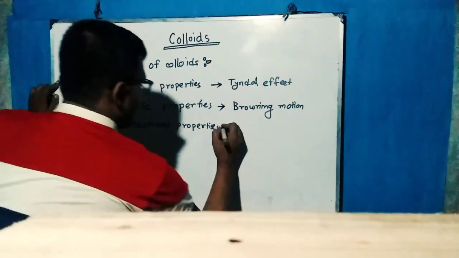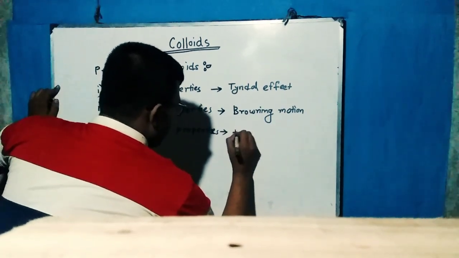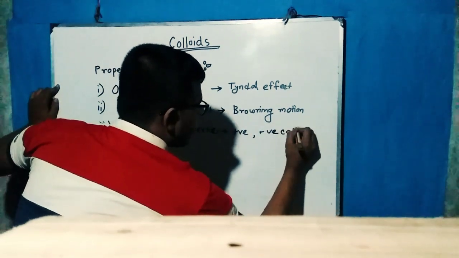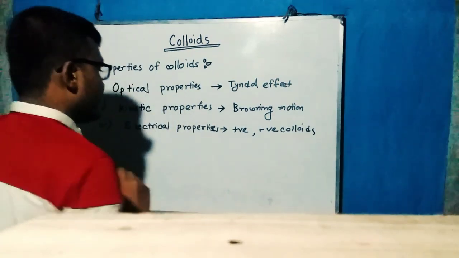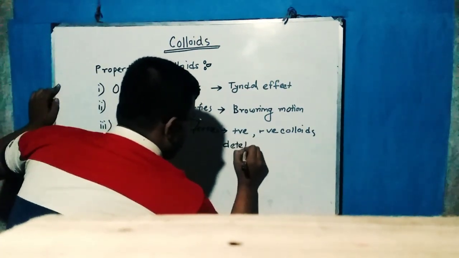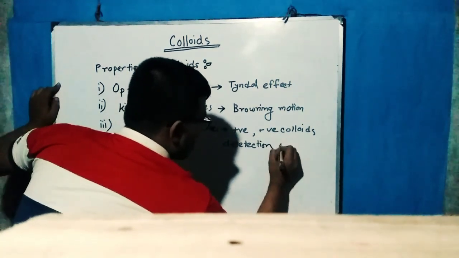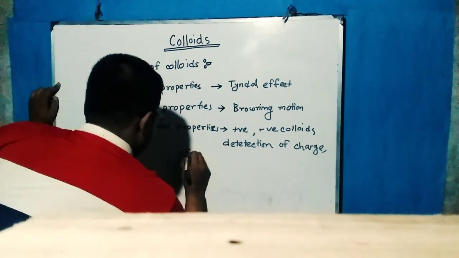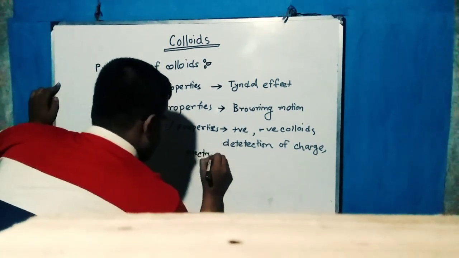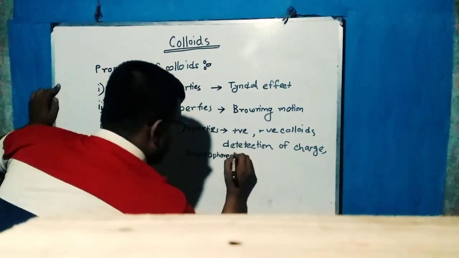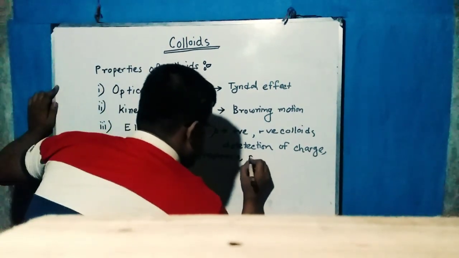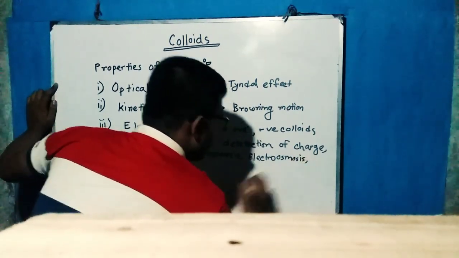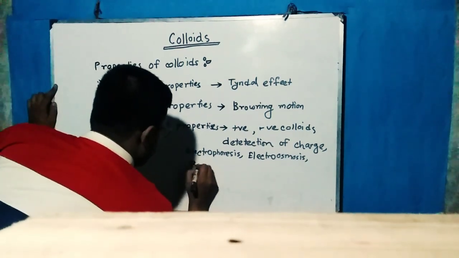In the electrical properties we will learn positive and negative colloids, detection of charge, electrophoresis, electroosmosis, and the last is zeta potential.